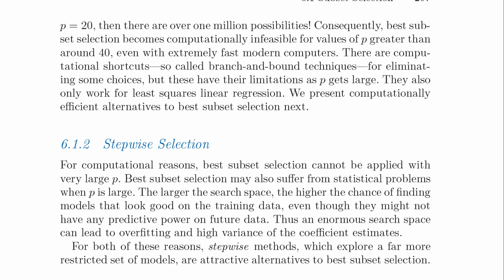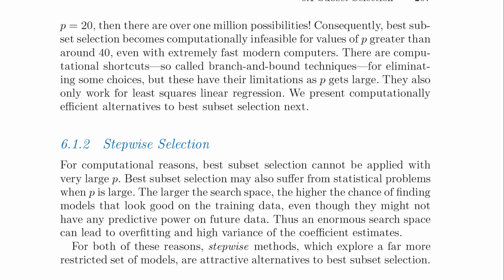Consequently, best subset selection becomes computationally infeasible for values of p greater than around 40, even with extremely fast modern computers.